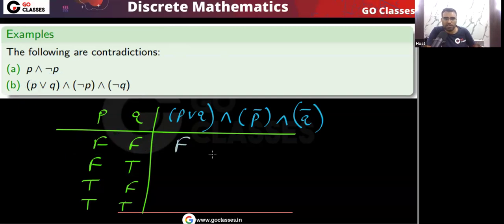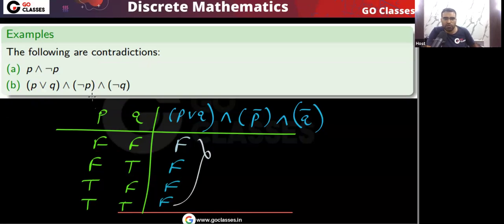That will be false. You can check it, because for P false, Q false, this will be true, this will be true, but this will be false. False and true is false. Yes or no? So very easily you can see that for this combination, option B is false. Similarly, for every combination, option B will be false, because it is always false.